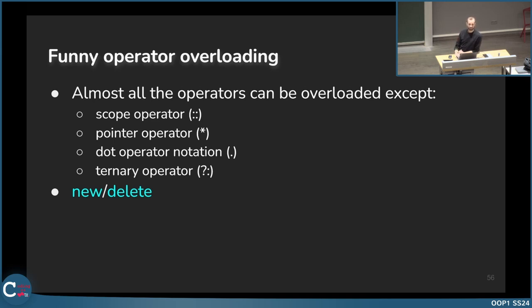So for example, you can modify the behavior of new and delete. I don't know when this makes sense. Maybe when you have a class and inside the class there is, I don't know, a vector which again needs memory or whatever, or another object which needs memory, and you just want to create the class, and in the new function or in the new allocation, you can allocate memory for your class and for the subclass which is included.